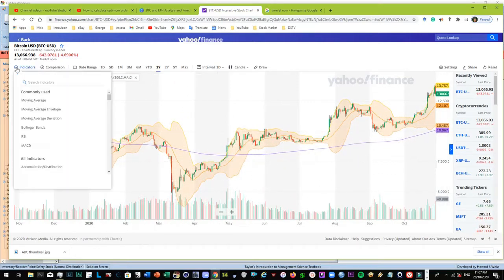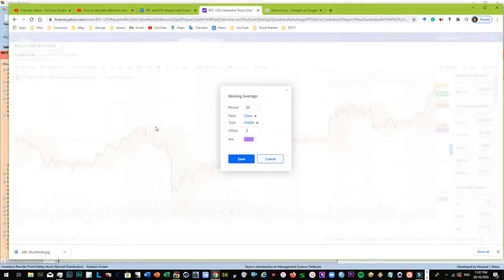And now let's include another, which would be the intermediate term. So usually the intermediate term is, of course, in the middle of the short term and the long term.